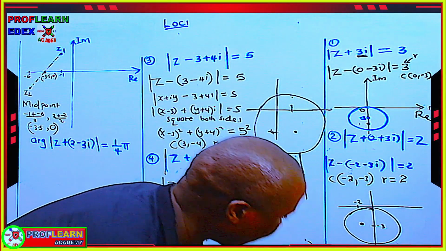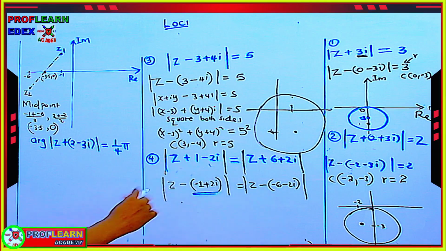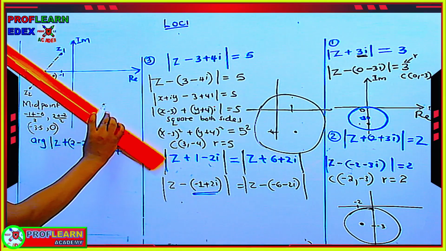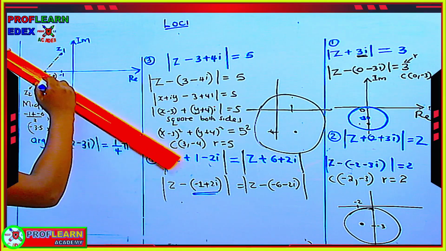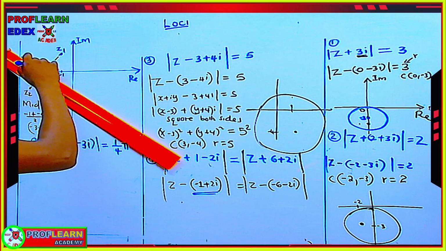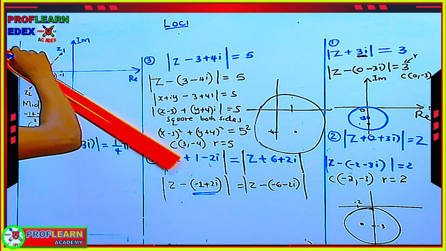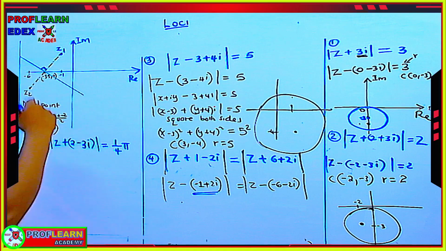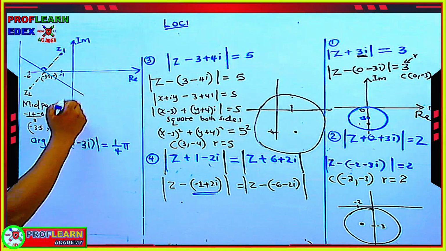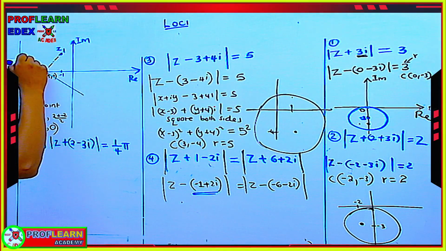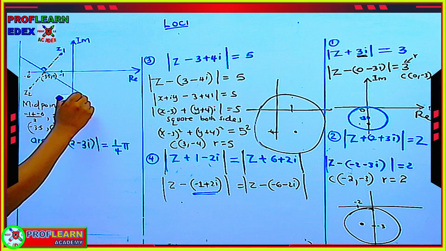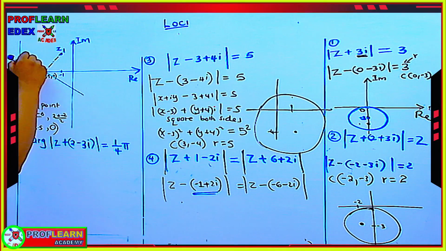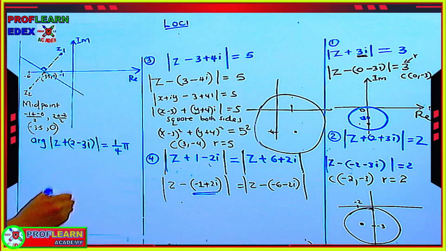So the locus defined by this is going to be a perpendicular line that passes through the midpoint, and that is going to be this line that goes like this, meeting that line segment at 90 degrees. So the set of values of z that satisfy this condition are going to lie along this line.